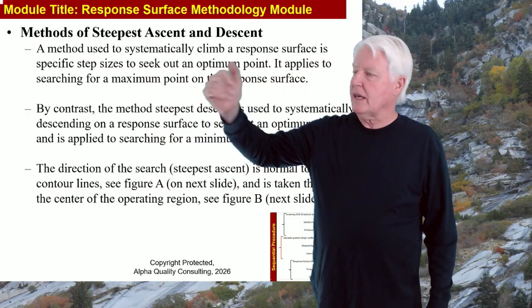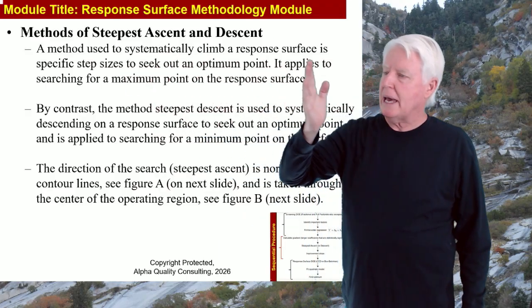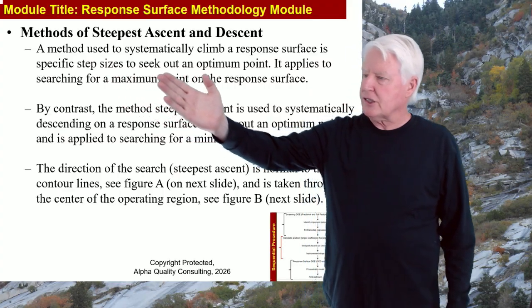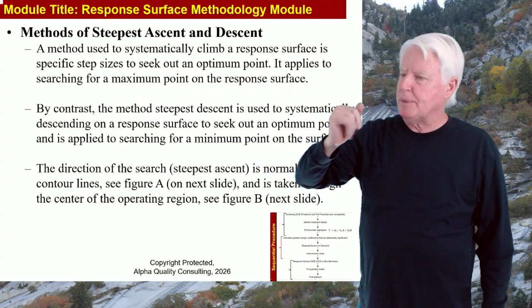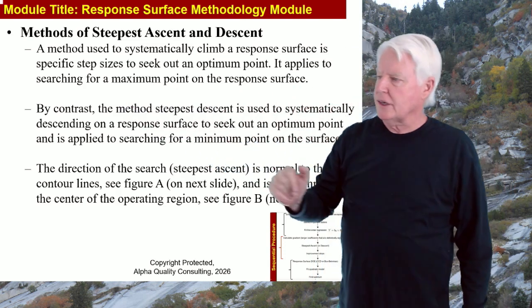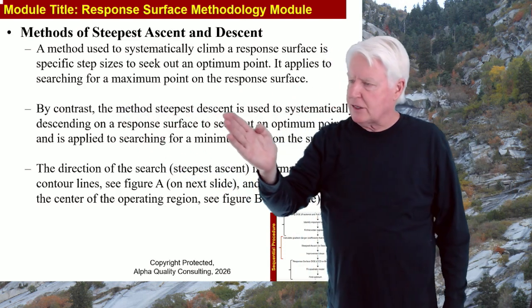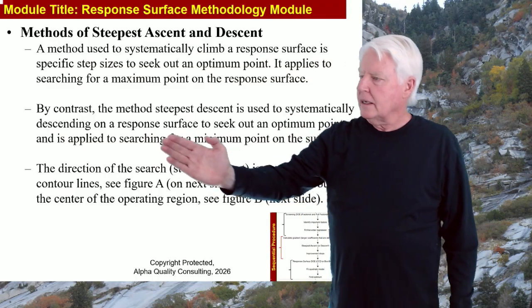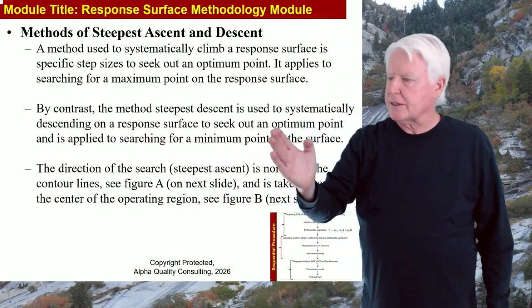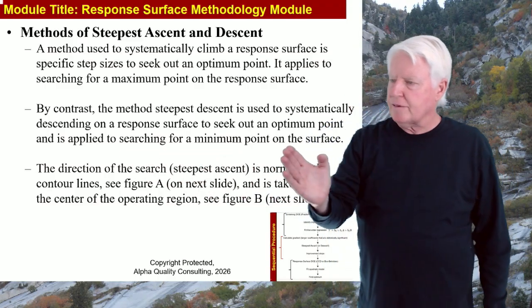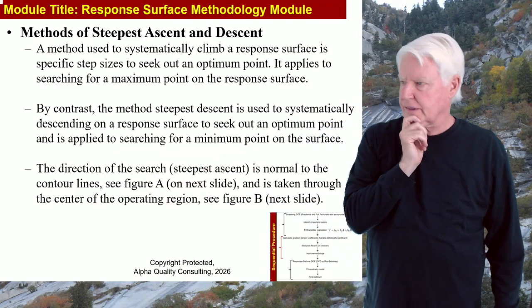Methods of steepest ascent or descent. A method used to systematically climb a response surface, with a specific step size, to seek out an optimum point. It applies to searching for a maximum point on the response surface. By contrast, the method of steepest descent is used to systematically descend on a response surface to seek out an optimum point and is applied to searching for a minimum point on the surface.